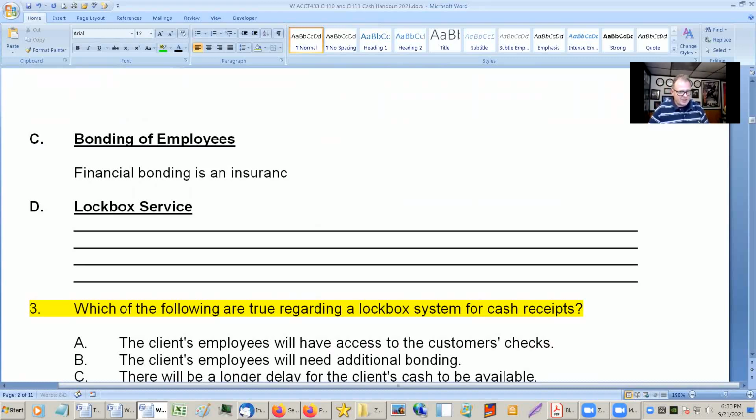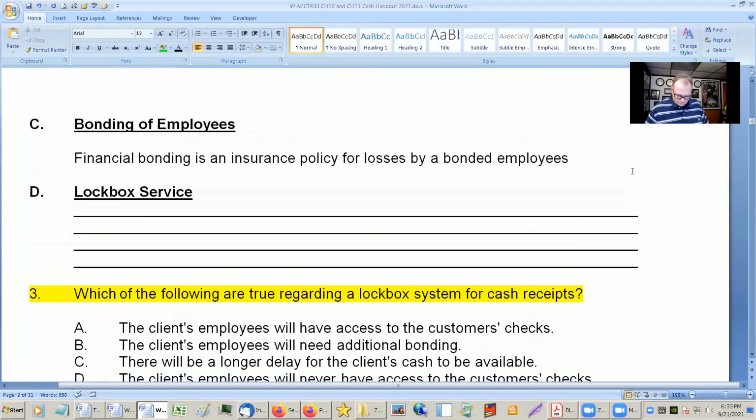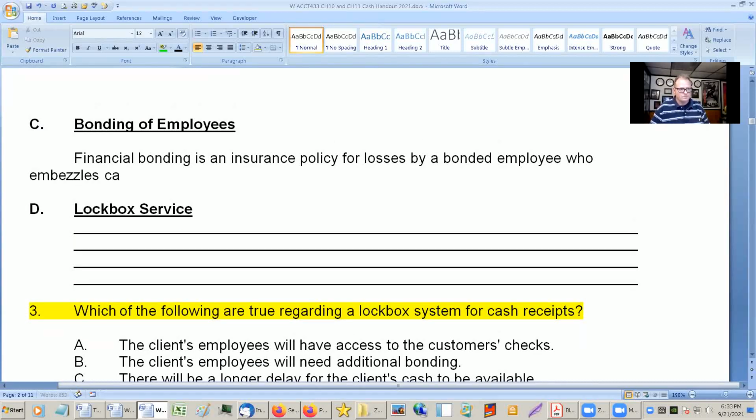It's an insurance policy for losses by the bonded employee who embezzles cash.